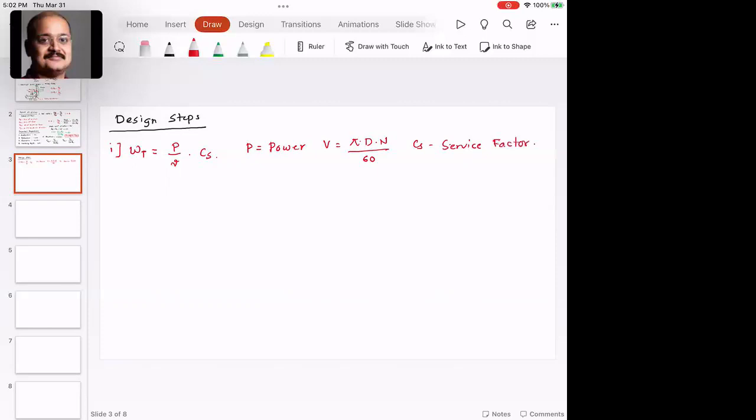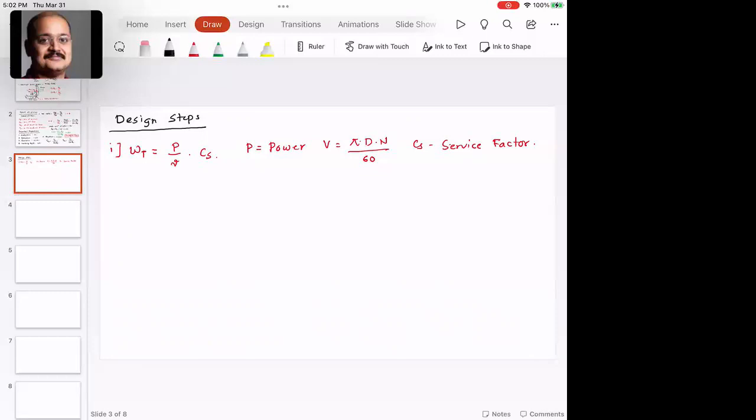And if service factor is not mentioned, you can assume the service factor is equal to 1. If the gear train is loaded heavily or it is continuously operated, you can assume the service factor anywhere between 1.2 to 1.3.